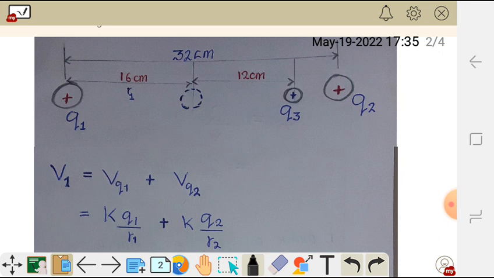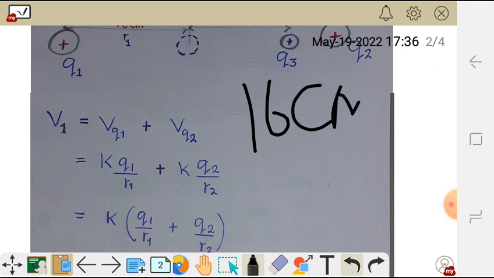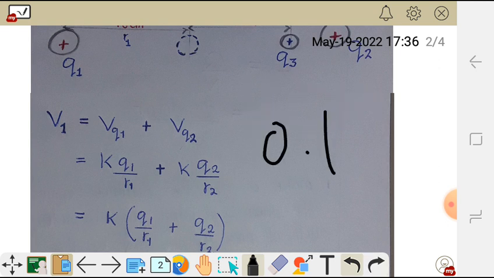We know that the potential due to a point charge is given by K multiplied by Q1 over R, which is the charge over the distance R from the point of interest. That distance R is 16 centimeters, which you convert to meters: 0.16 meters.